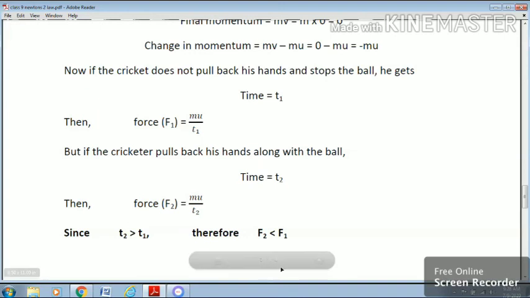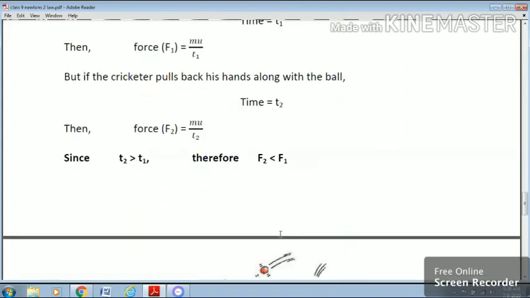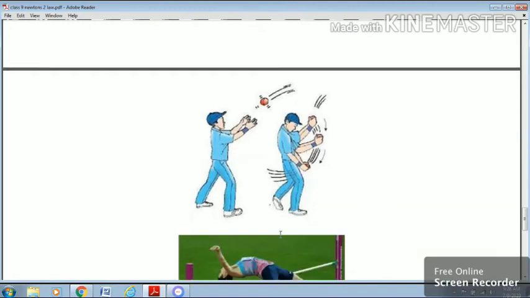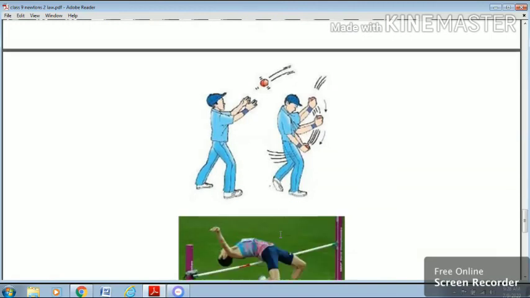Therefore the force F2 will be less than force F1 because F is inversely proportional to t. Where time period is more, force will be less. In case of t1, time period is less, so force will be more. So force exerted in the case of F1 will be more than that in the case of F2. So a cricketer pulls his hand back to get less hurt.